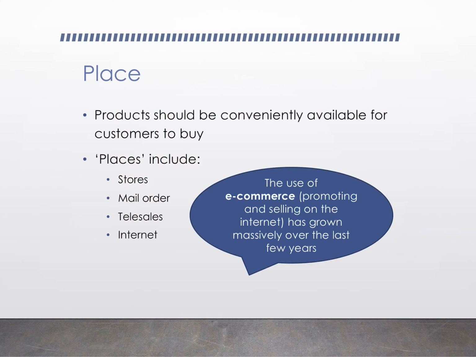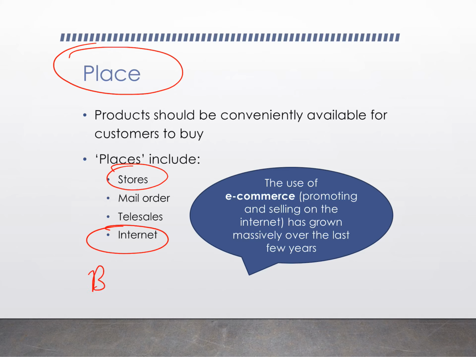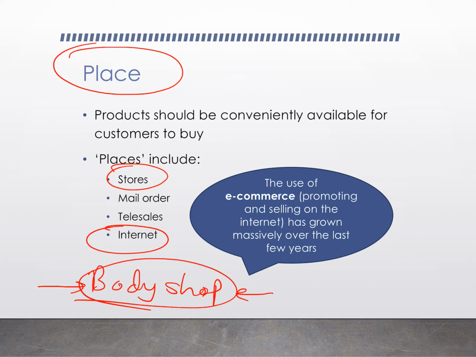Let's move on to place. Quite simple compared to the other areas. Place is where a consumer can buy your product. It could be through stores, or it could be through the internet. Okay, if I want to buy from The Body Shop, any product, I would expect you to search for the Body Shop company website.